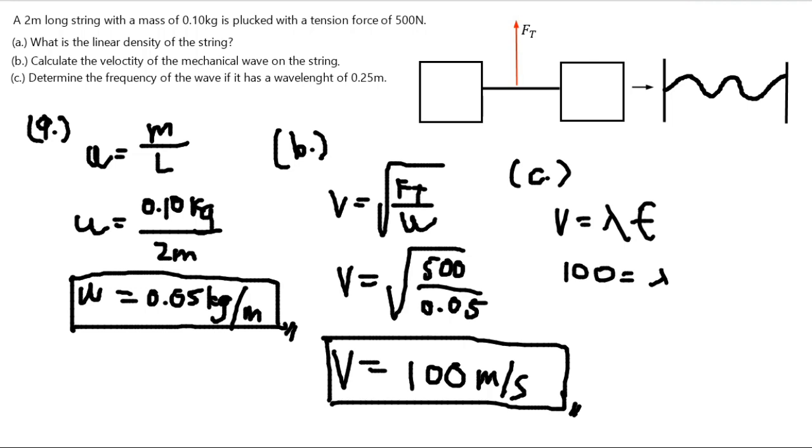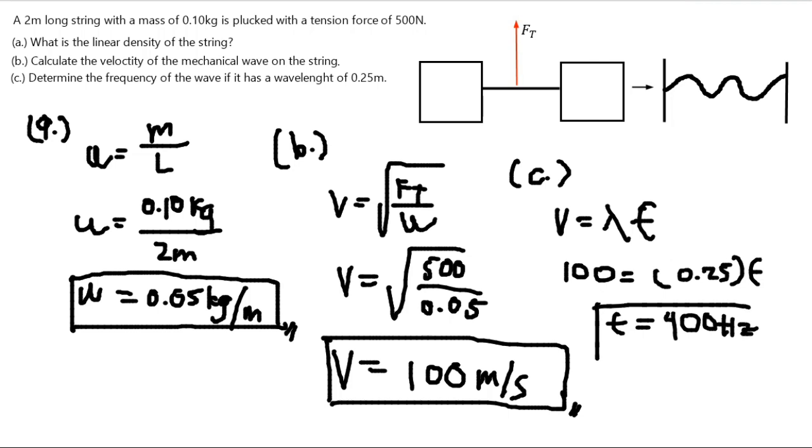Oh, actually the frequency is what we're finding. The wavelength is 0.25. Dividing both sides, we got our answer as 400 hertz. And that's basically it for this problem.